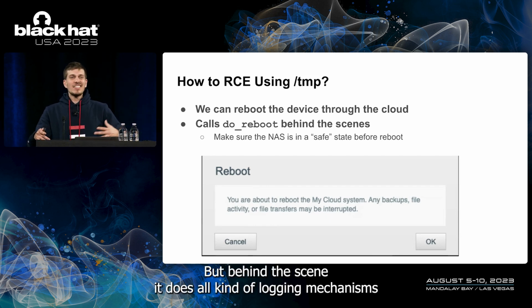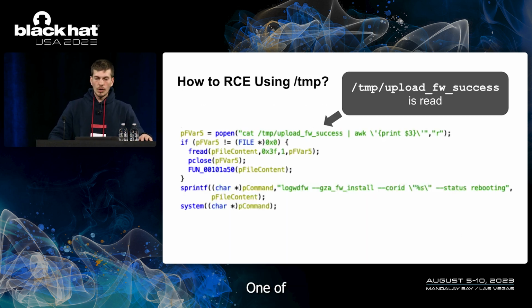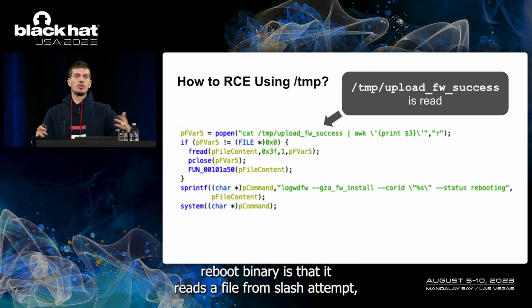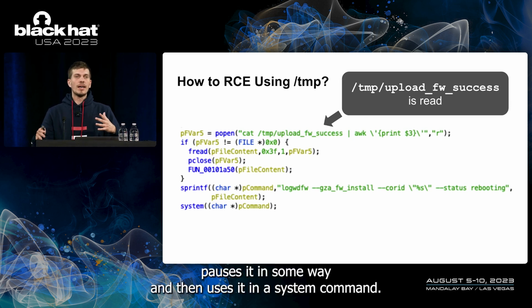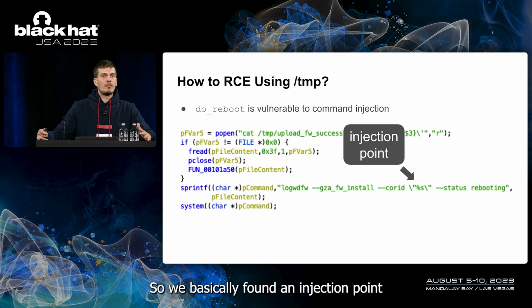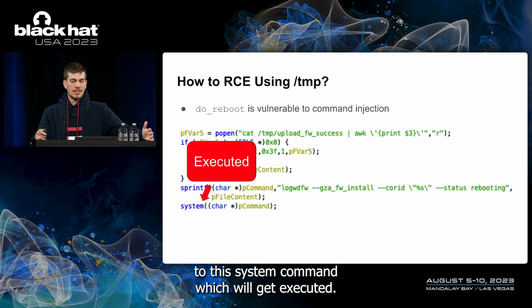But behind the scenes, it does all kinds of logging mechanisms and reading other files that we thought we should explore. One of the things we noticed early in the process of the do-reboot binary is that it reads a file from /temp, parses it in some way, and then uses it in a system command. So we basically found an injection point to this system command, which will get executed.